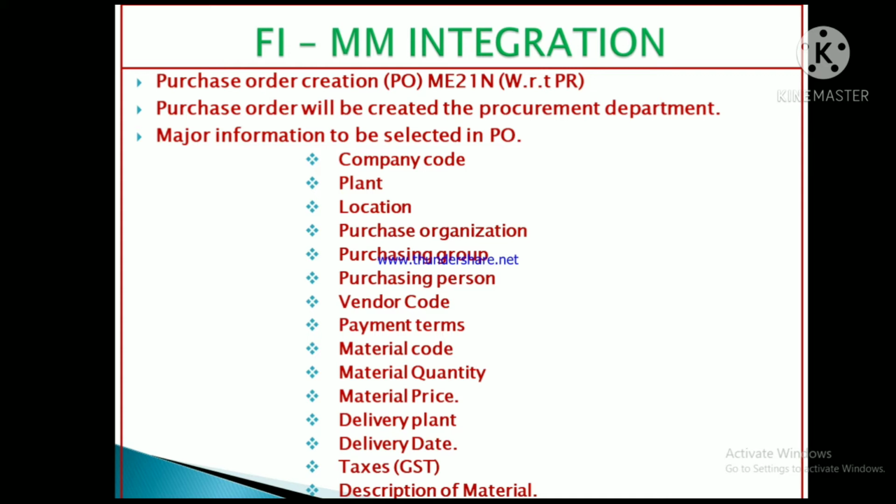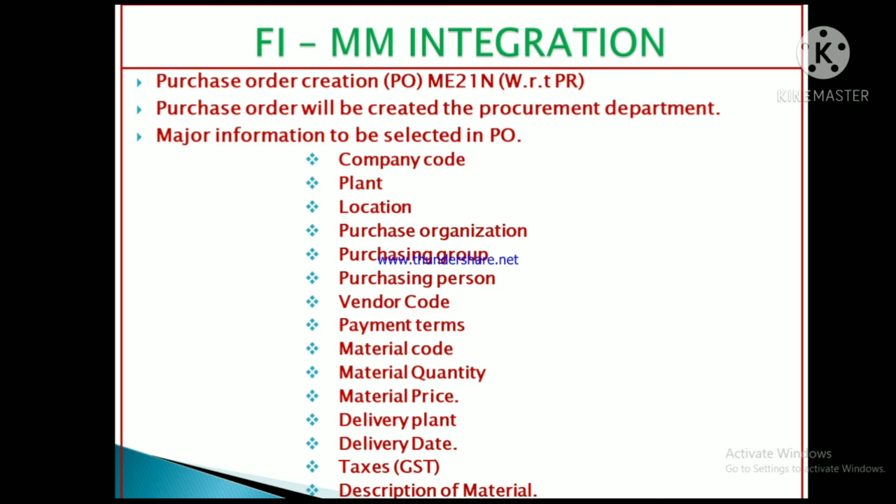So the major information to be selected in the PO: these are the information which is selected in the PO, like company code, plant, location, purchase organization, purchasing group, purchasing person, vendor code, payment terms, material code, material quantity, material price, delivery plant and delivery date, and related information about taxation like GST, and description of the material which you are going to procure.